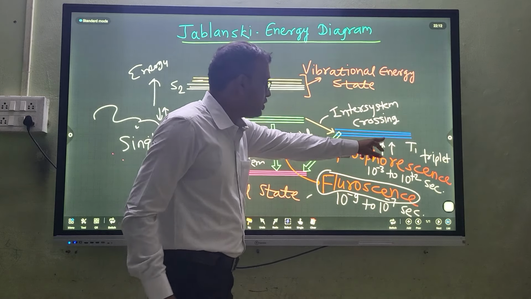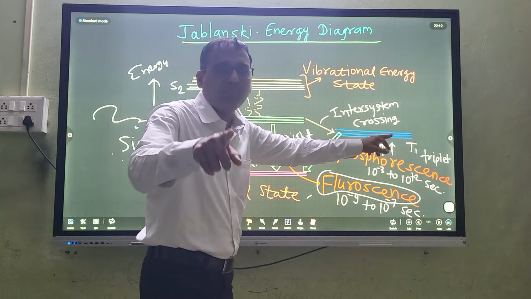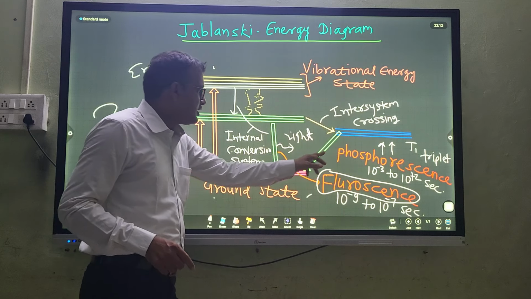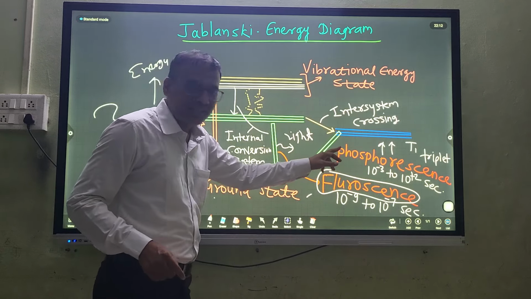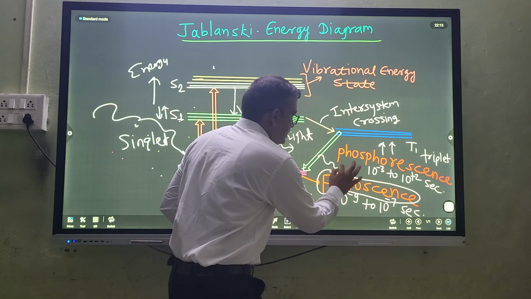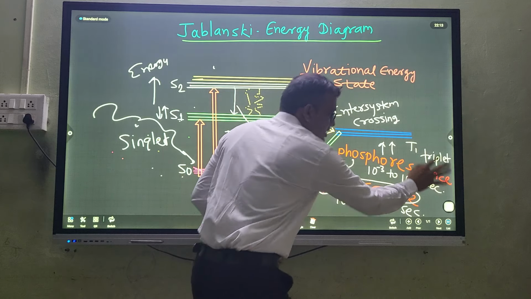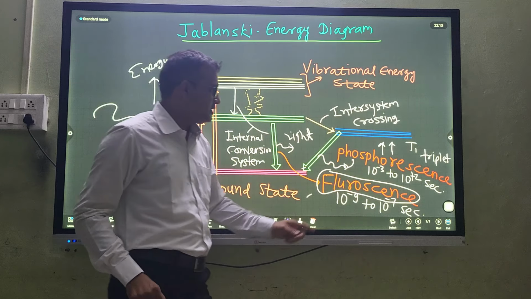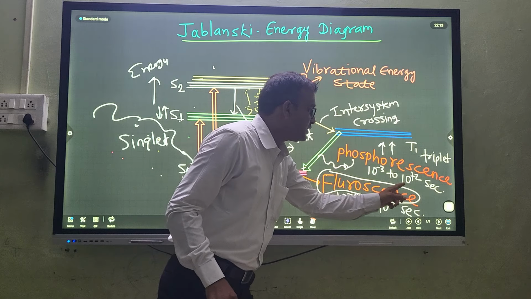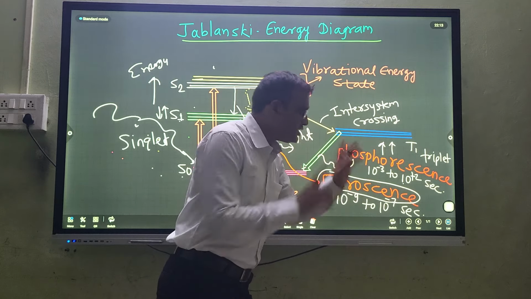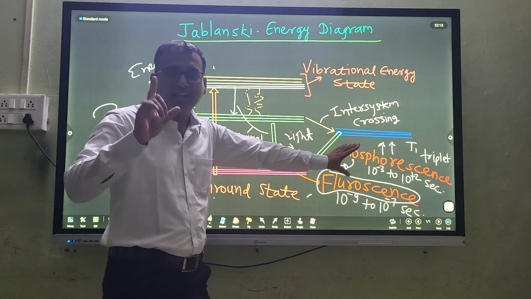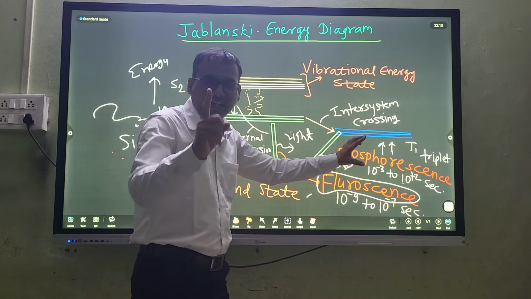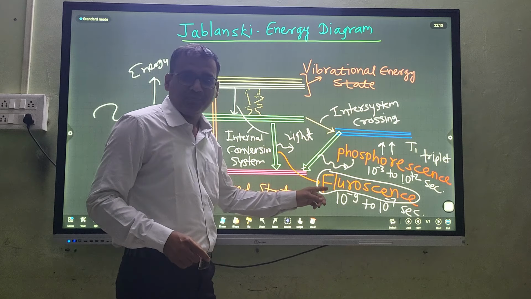In this case, the triplet state is also responsible for the emission of light, but this emission of light is called phosphorescence. Phosphorescence has a lifetime of 10 raised to minus 3 to 10 raised to power 2 seconds, which means phosphorescence takes a longer time than fluorescence.